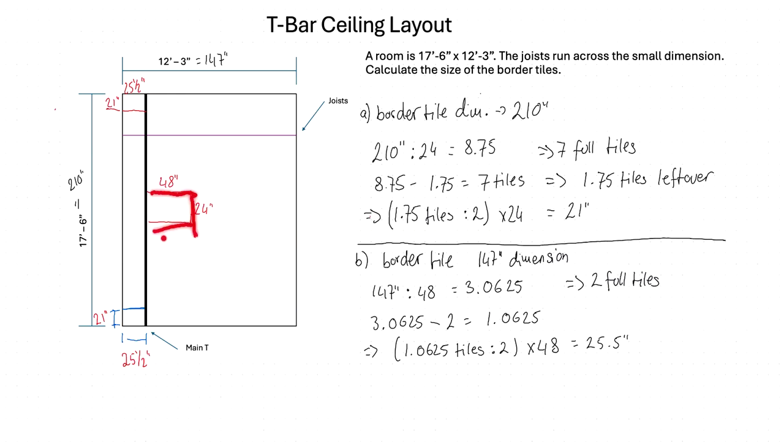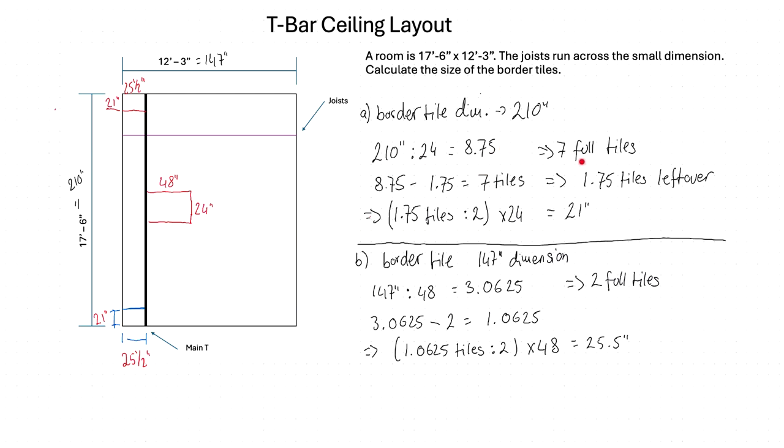And you might be even given a drawing that you can look at and then say, okay, this is 2 feet, this is 4 feet. From there, we take the length of our room in inches divided by the width of our ceiling tile to find out how many tiles we get. And we always want to have more than 1 tile left over.